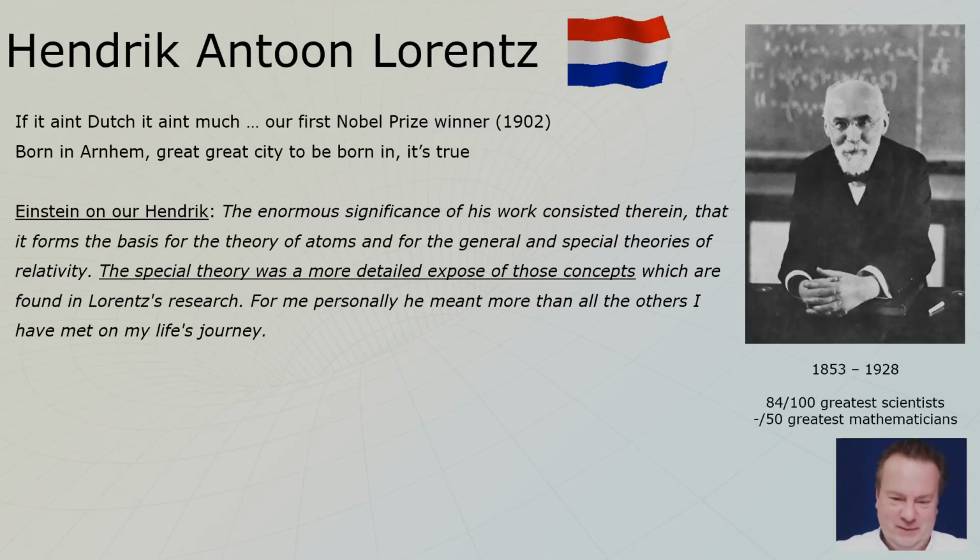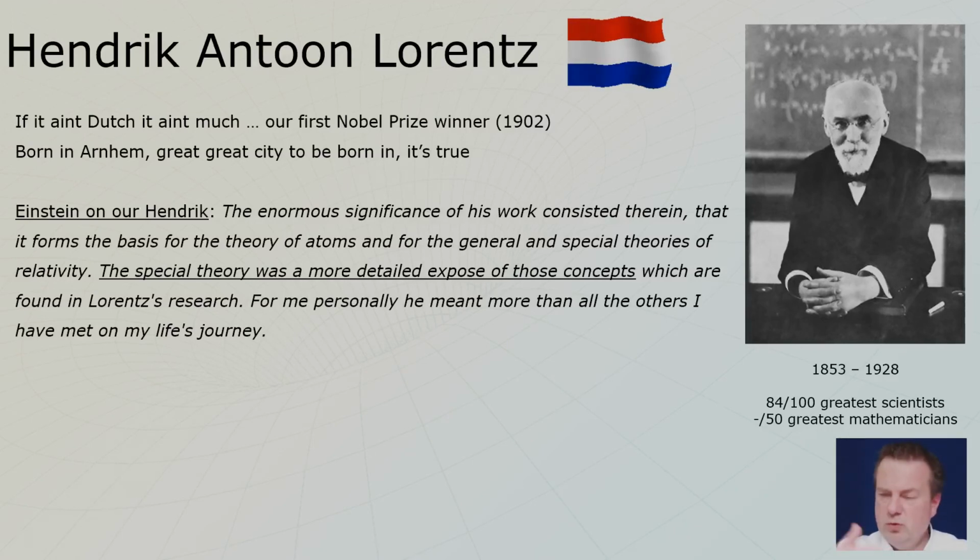Einstein on our Hendrik. He says the enormous significance of his work consisted therein that it forms the basis for the theory of atoms and, now it comes, for the general and special theories of relativity. The special theory, and Einstein means his own, was a more detailed exposé of those concepts.